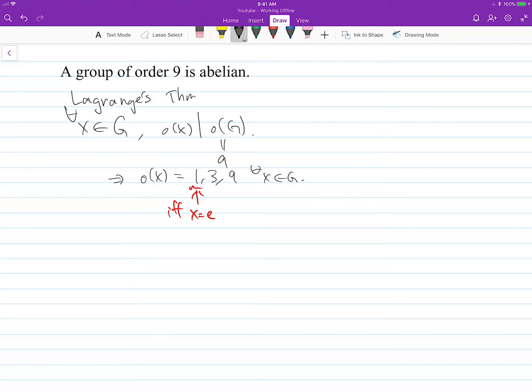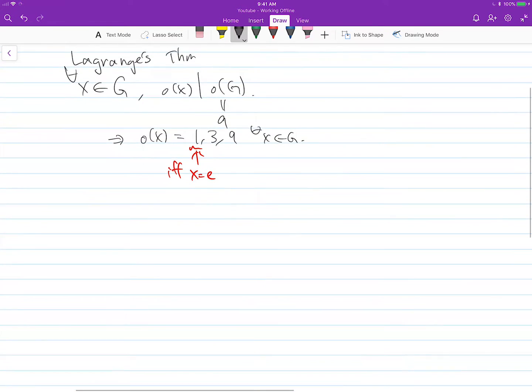And then we're not really sure what happens in the other two cases, so we will break them down into two cases. The first case is there exists an element x in G such that the order of x is 9.